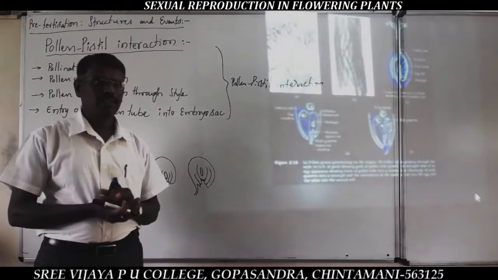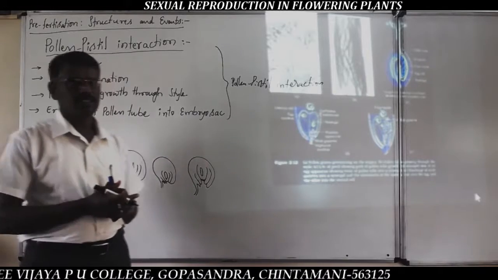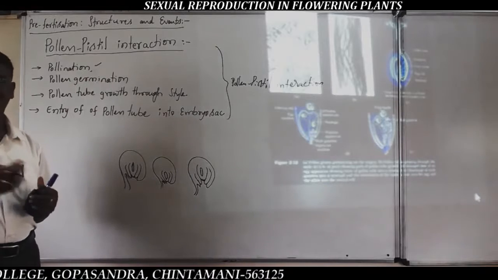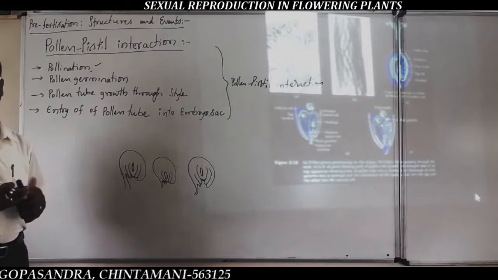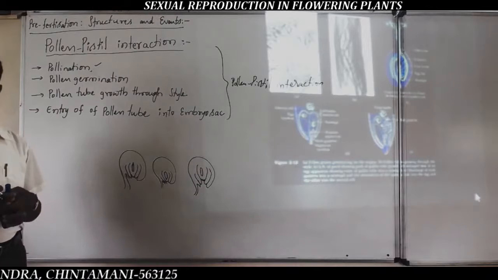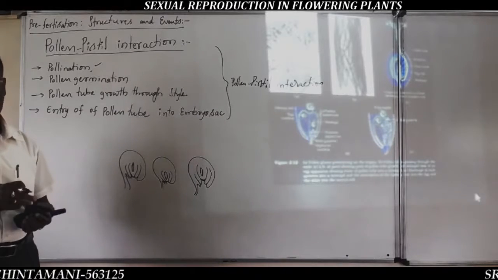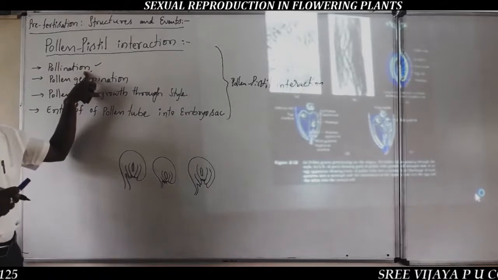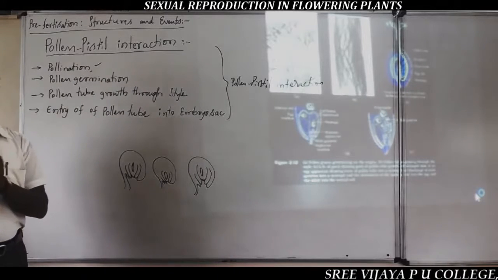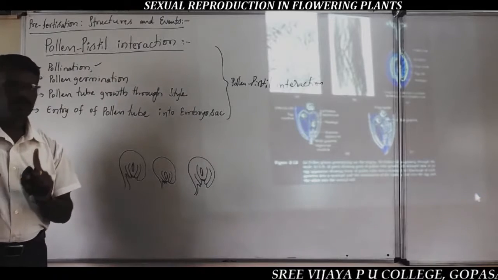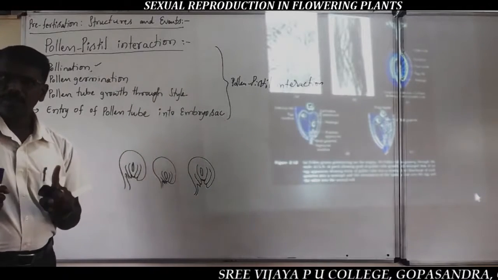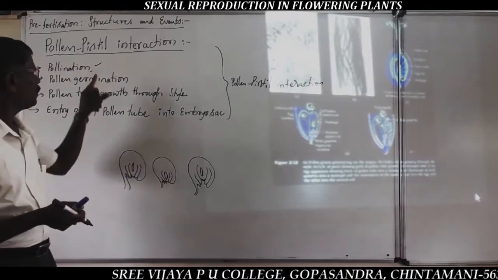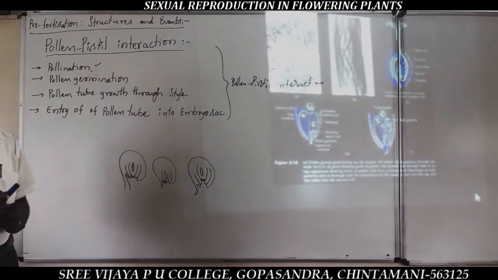Pollination is successful through different mediators, either water, wind, or animals. That is what we call pollination.